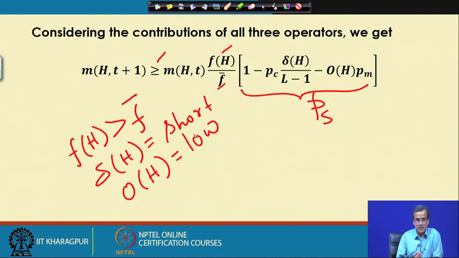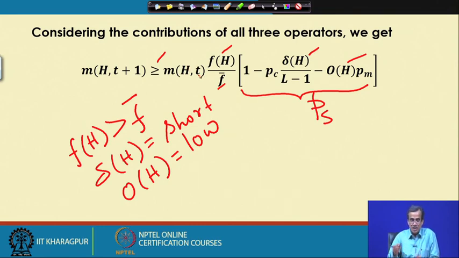Let us see what happens. If I consider the schema fitness is more than the average fitness, then the defining length is short and order of H is low. So, what will happen? The probability of survival is going to be more, and moreover F h is found to be greater than F bar. So, there is a possibility we will be getting a higher value of this particular m h t plus 1 compared to your m h t.